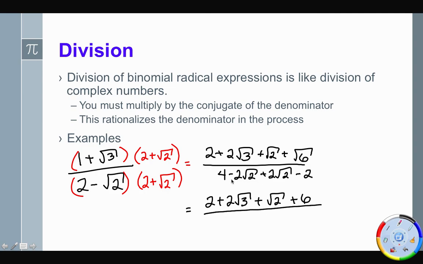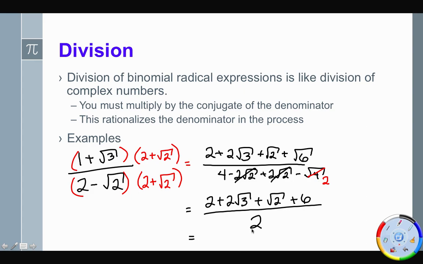And then the denominator will simplify this and this. You know what I need to write is that root 2 times root 2 is a square root of 4, just in case you missed that. The square root of 4 is 2. 4 minus 2 becomes 2, and notice the denominator is now nice and simple.